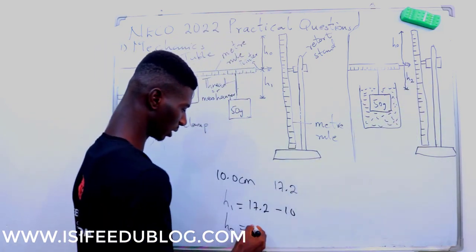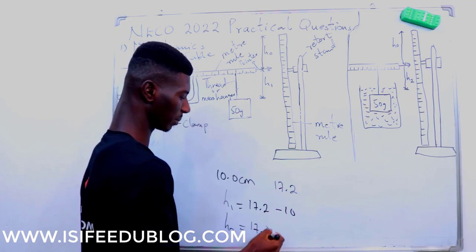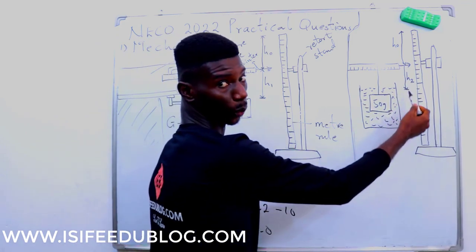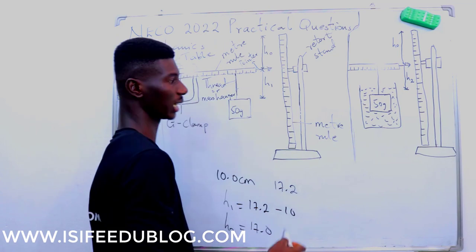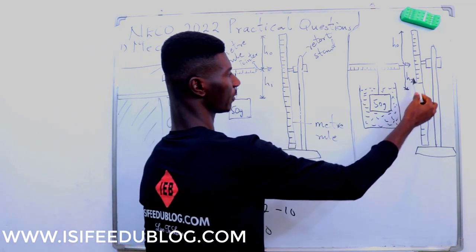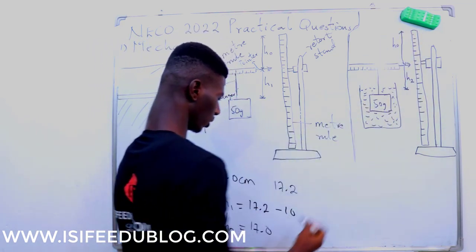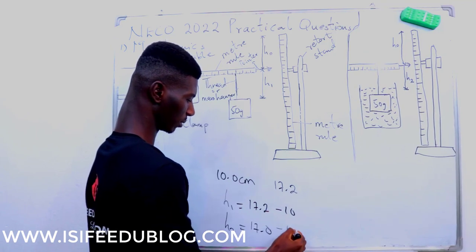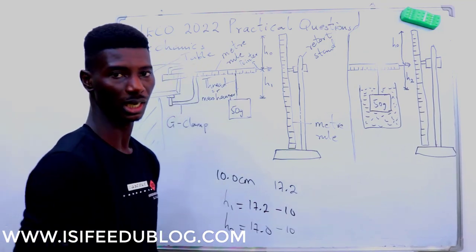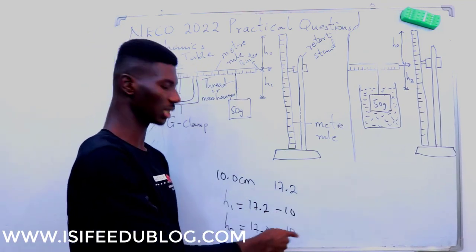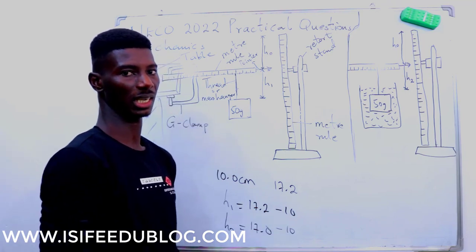Let's say what we now got is 17.0. Remember, your H2 will always be smaller than H1. So H2 will be this minus 10. It's as easy as that.